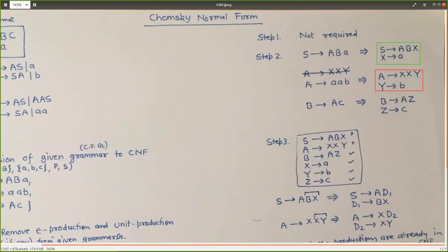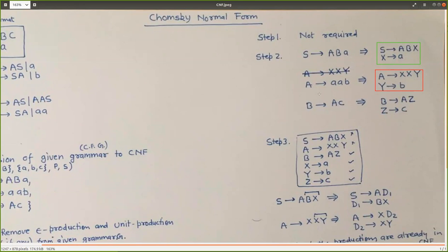Now we are going to treat the third production in the given grammar, that is B produces A C. A is a variable and C is a terminal. In the same fashion, we would convert this C to some variable. So we would put Z here.